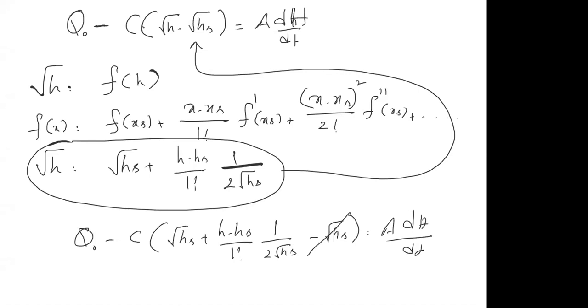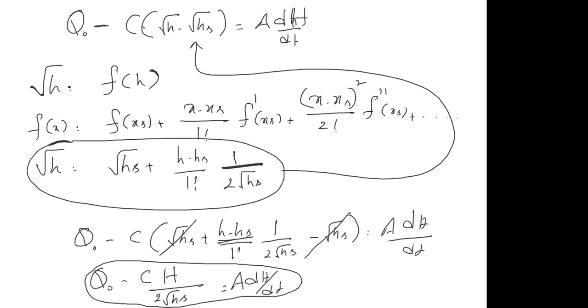So root Hs will cancel. So Q naught minus C into H minus Hs, which becomes capital H, by 2 root Hs, equal to A into dH by dt. This is the equation. Now you can derive the transfer function. Apply Laplace transform on both sides and derive the transfer function.